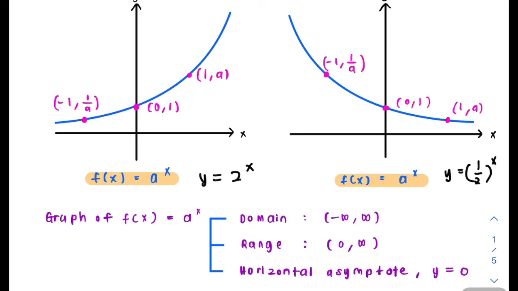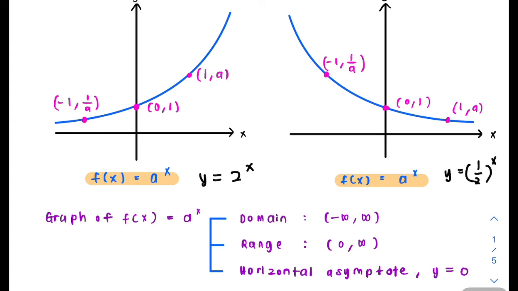If you notice, the graph is only at the positive side of y. So your range is starting from 0 up until infinity, but the 0 is excluded because your graph never touches the x-axis. And the last one, you will have the horizontal asymptote. Asymptote here means the line that your graph cannot cross or touch.